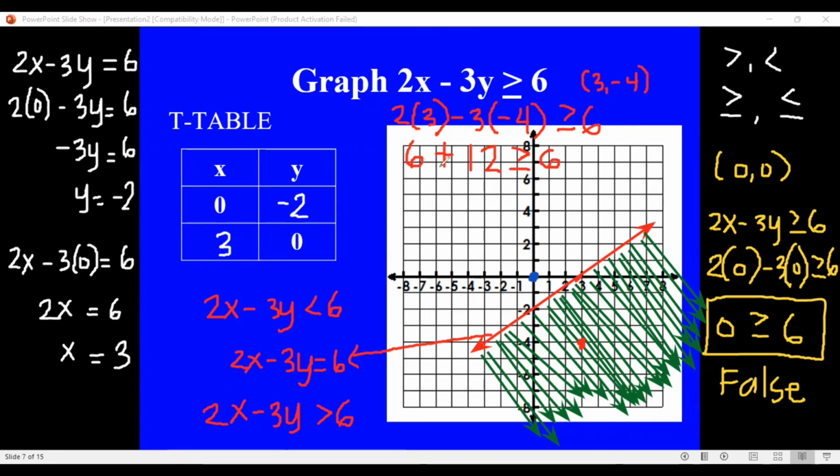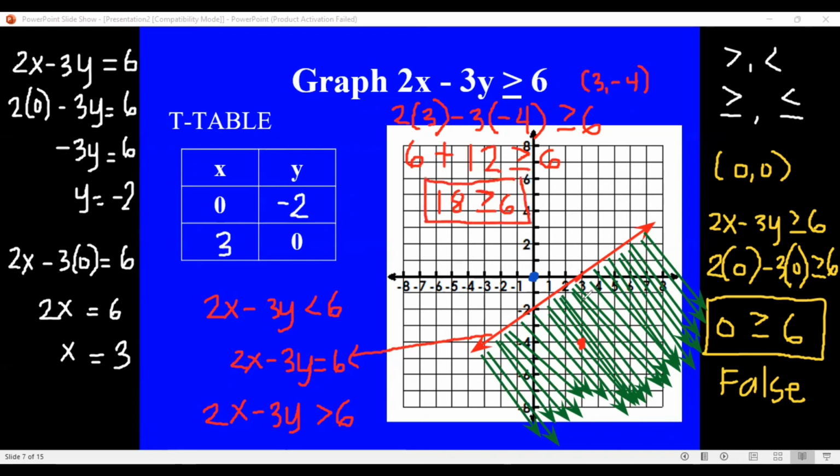And we have 6 plus 12 is equal to 18. So obviously, it satisfies the inequality. So we have 18 is greater than or equal to 6. Again, the inequality greater than is satisfied.